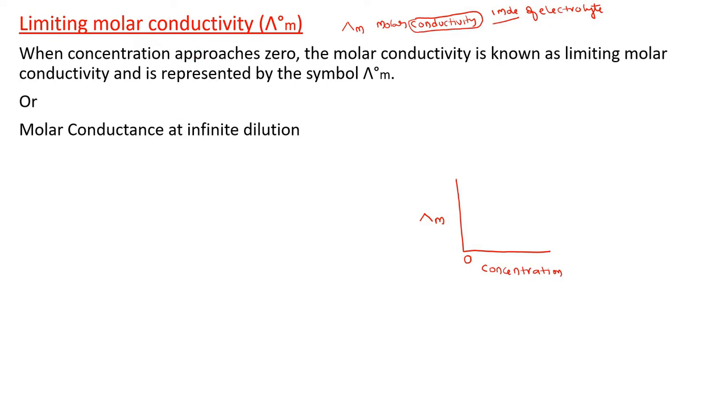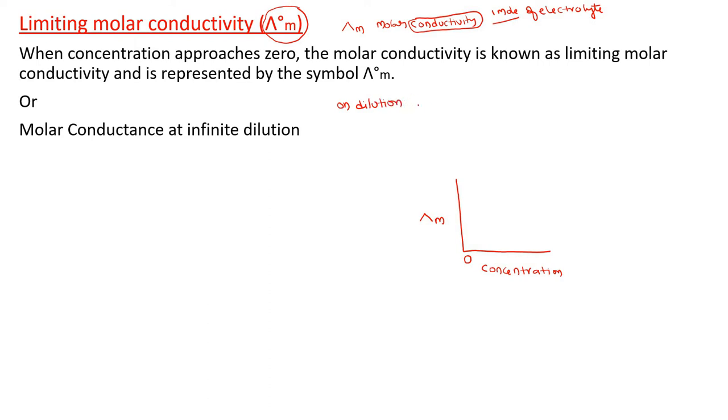Now, what is this limiting molar conductivity? We show it as lambda naught here. Very simple. We have already discussed dilution. When you do dilution, what happens to the conductance?